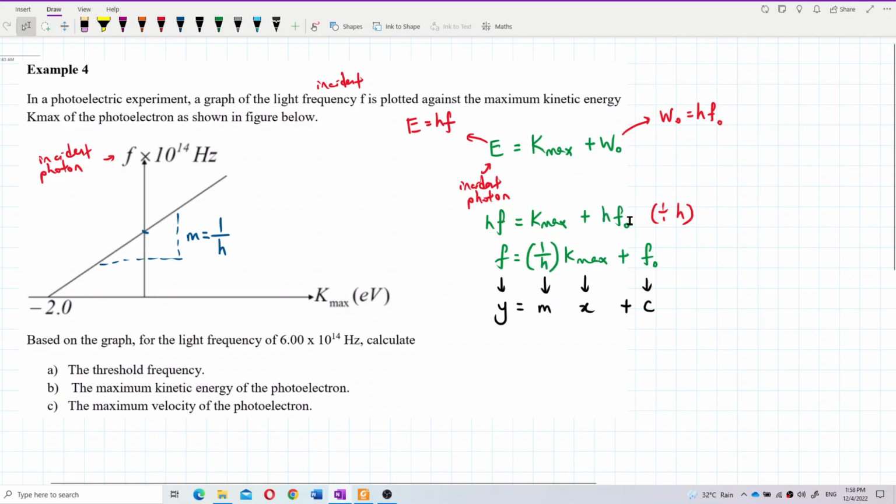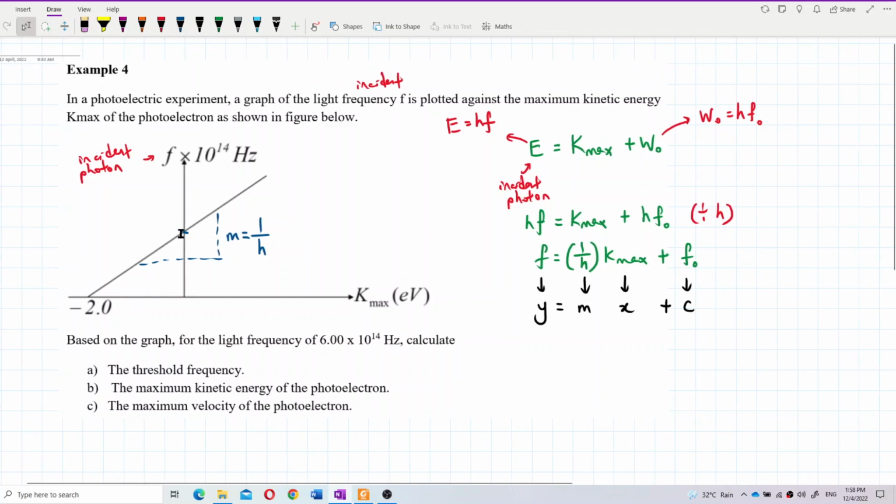And hf naught divided by h, I get f naught. So this is the y-intercept, and the value at the y-intercept here is f naught.